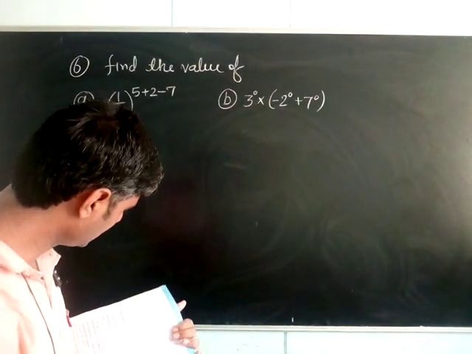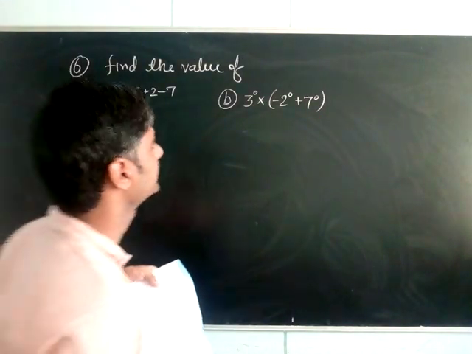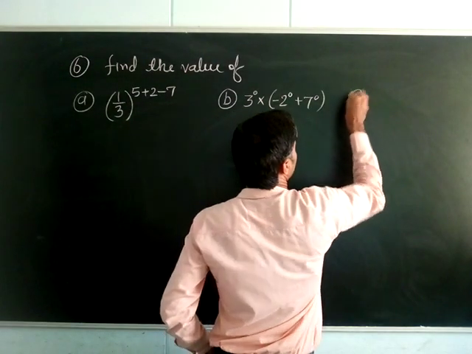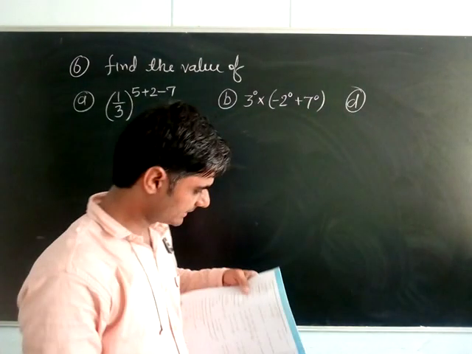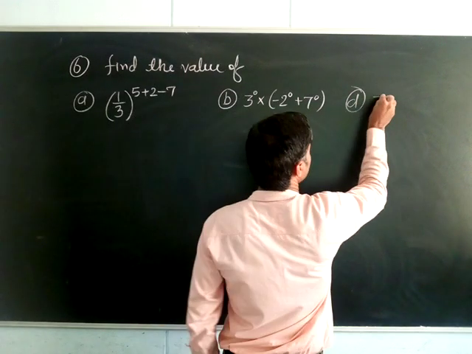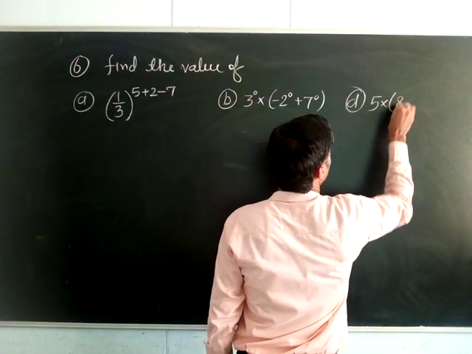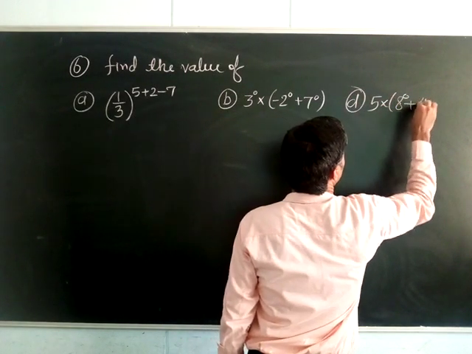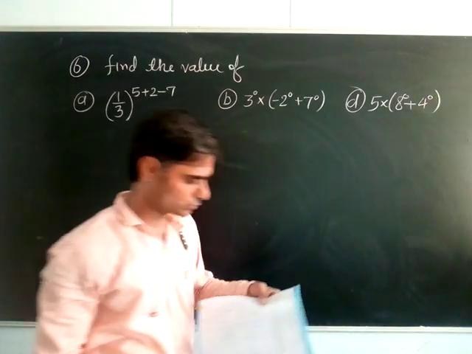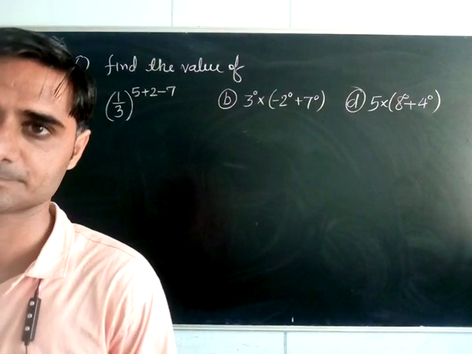I am writing and I will solve one by one. And similarly the last question, D, is 5 multiplied by 8 power 0 plus 4 power 0. This is given.